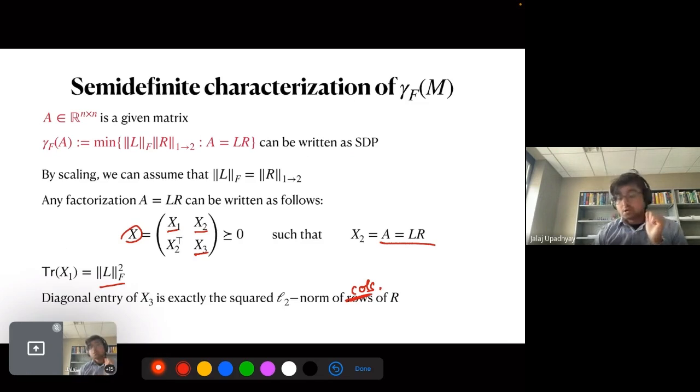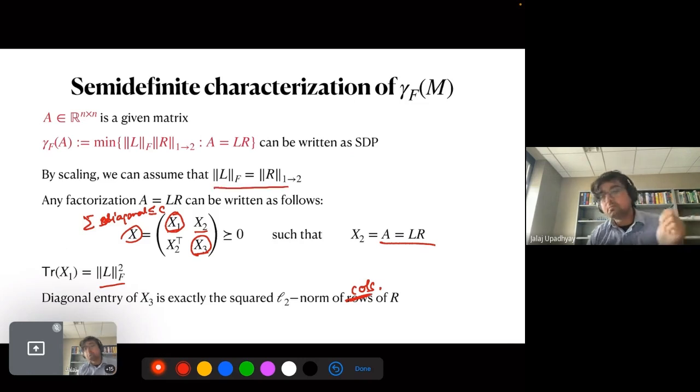That is basically what I do, and that's where you get that the sum of the diagonals is upper bounded by C, and the columns of R are upper bounded by C. I made this simplifying assumption that the Frobenius norm of L and the column norm of R are equal, so you actually have to worry about only one of these two.